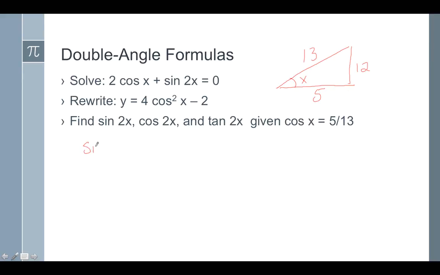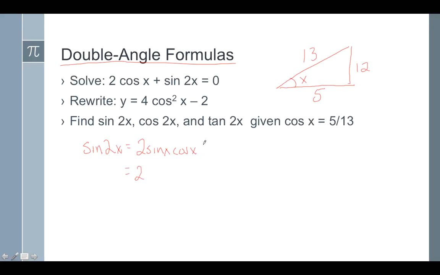So if I wanted to find the sine of 2x, I can't just double this angle and double some sides randomly. That's not how math works. We would use this double angle formula or identity and say sine of 2x is actually 2 times the sine of x times the cosine of x.